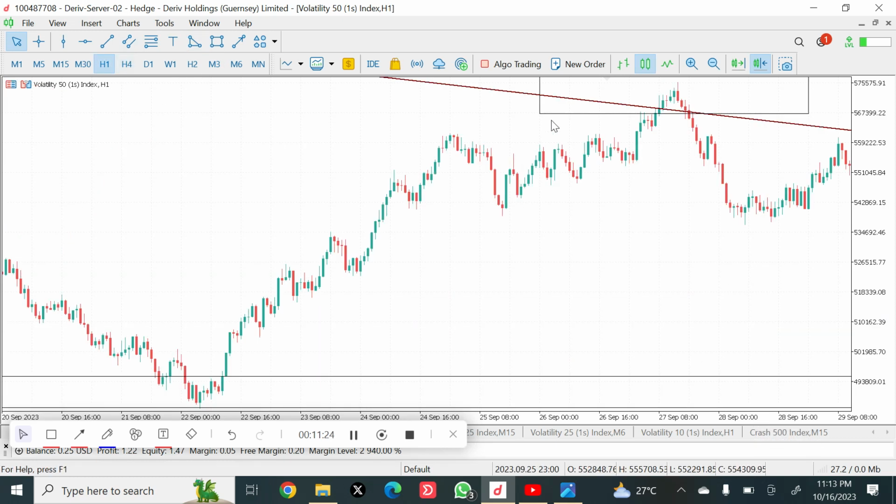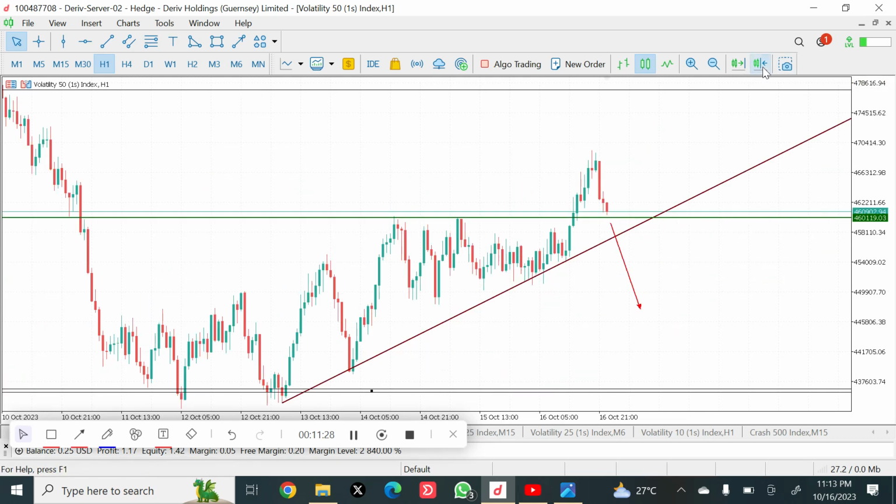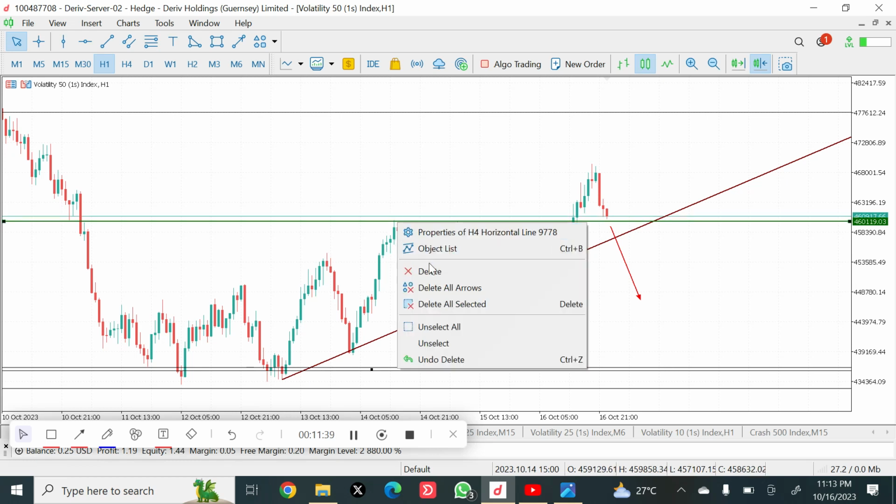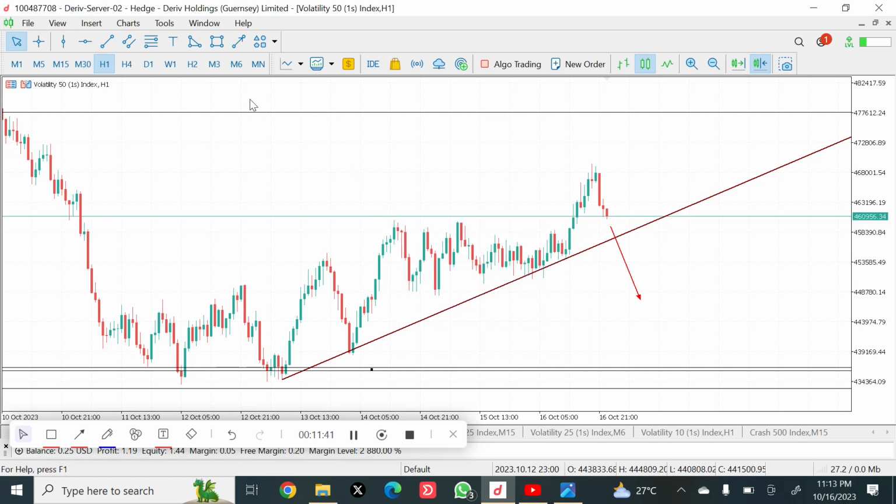So going down to the 1 hour time frame, we keep looking. It's looking a bit more clear here. Let me delete this horizontal line and then use this rectangular tool to draw my zone.